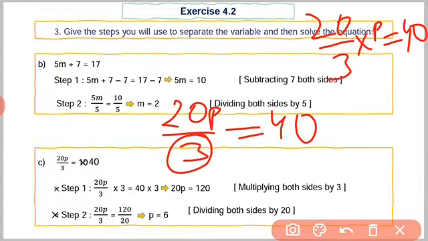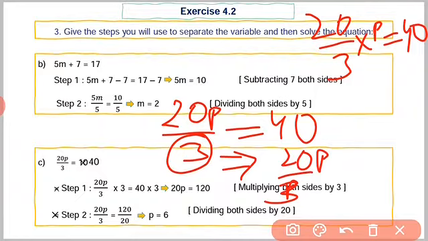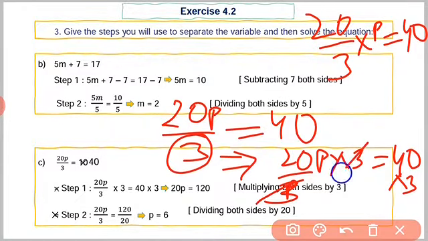So the next step will be 20p by 3 multiply 3 is equal to 40 multiply 3. So this 3 cancels out, and we are left with 20p is equal to 120.